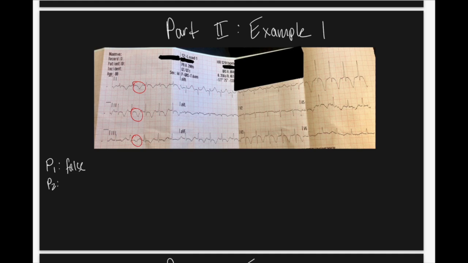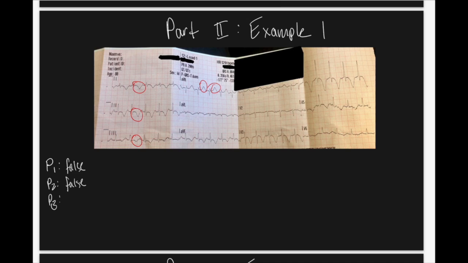The second pattern was that AVR was all negative, so we had a negative P wave, a dominant QS complex, or at least a non-dominant R wave, and we had T wave inversions, and we see that our T waves are positive, so we see that that's false also.